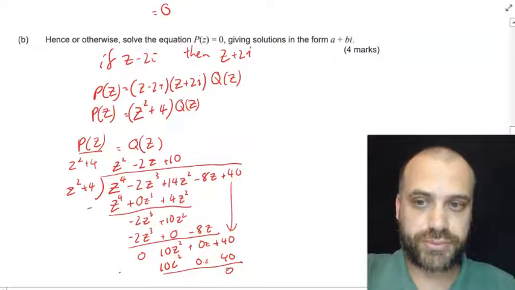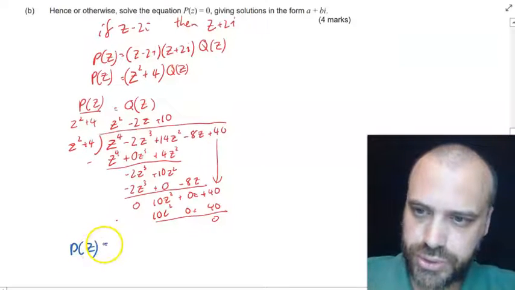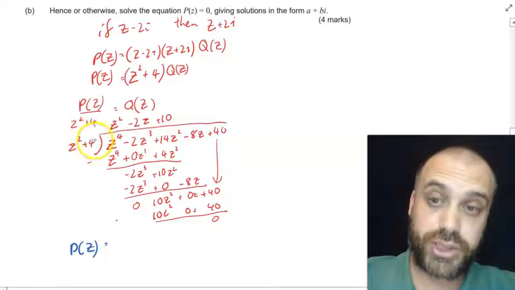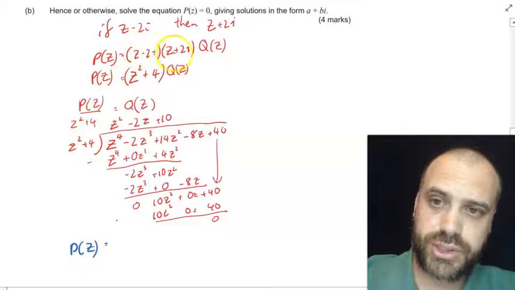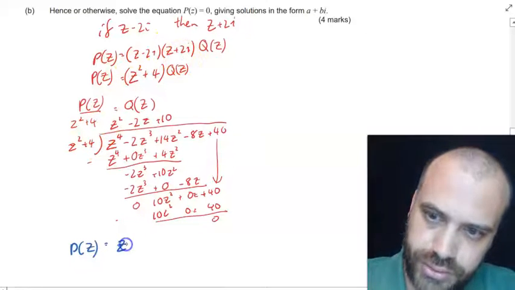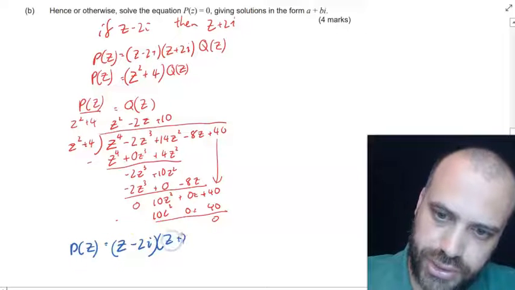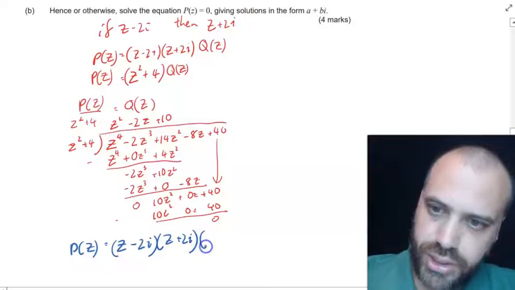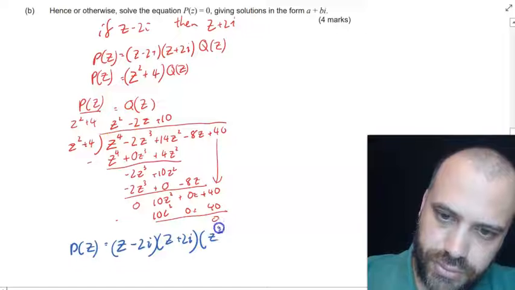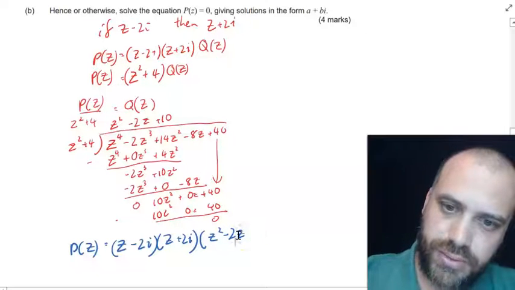So therefore, p(z) is equal to z squared plus 4 times z squared minus 2z plus 10, which is equal to z minus 2i times z plus 2i times z squared minus 2z plus 10.